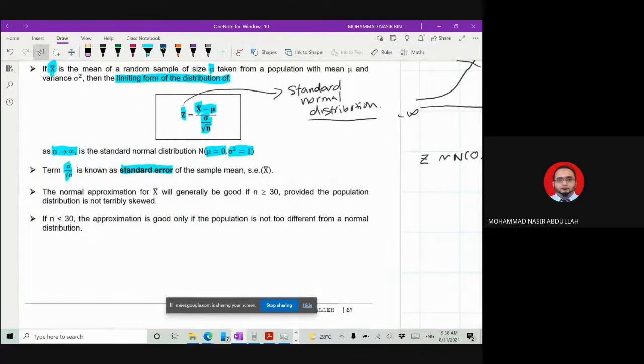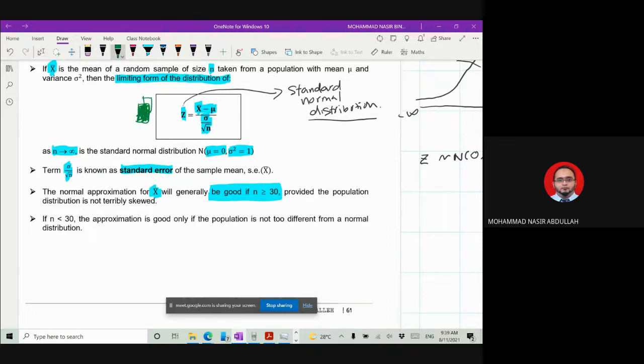So the normal approximation of x will generally be good if n is more than or equal to 30. So when the sample size is more than or equal to 30, we will use the Z formula, which is the standard normal distribution.